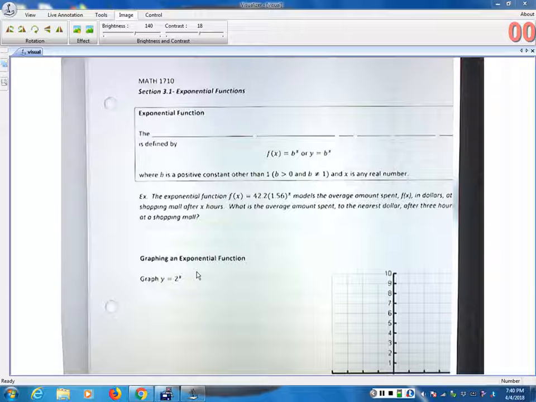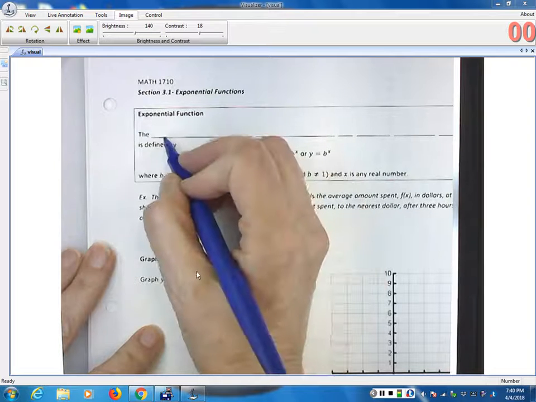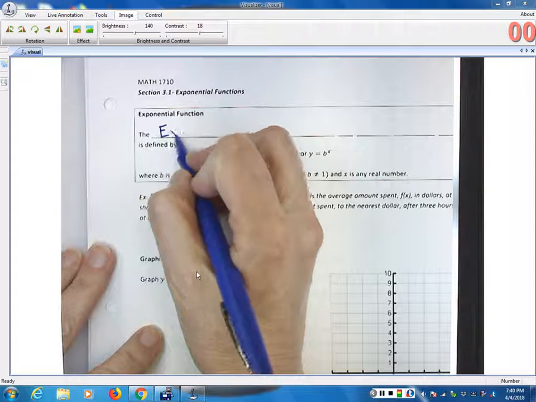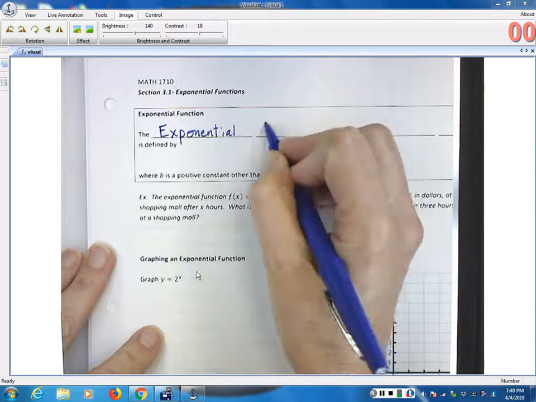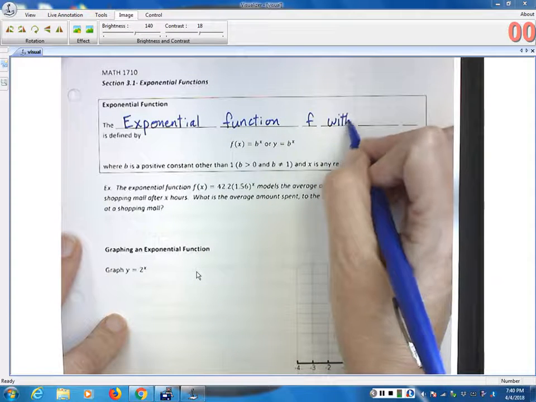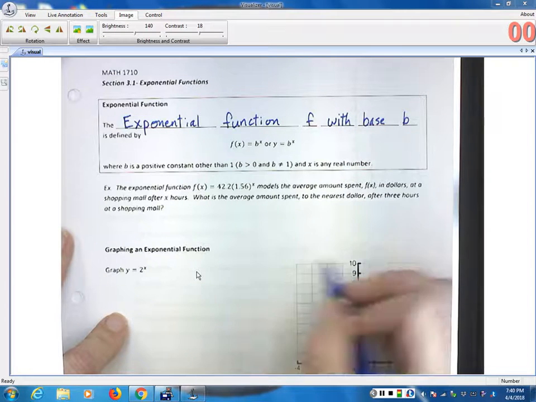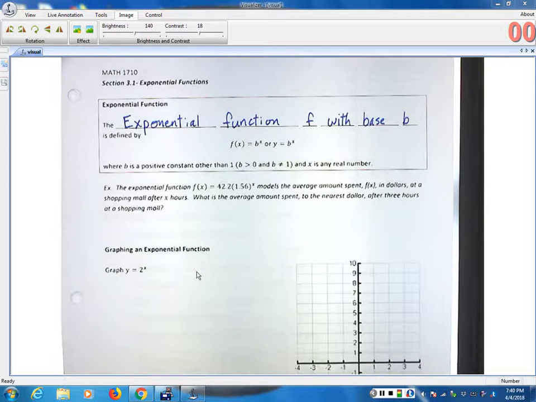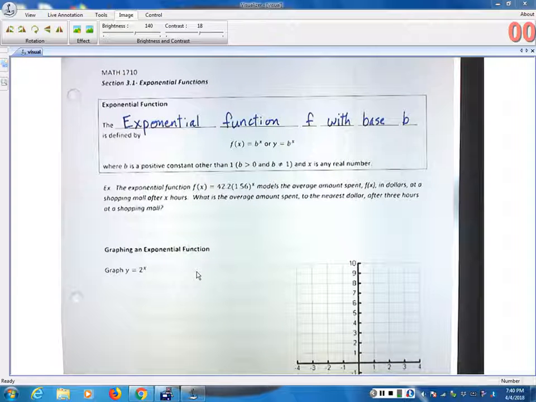So this is section 3.1, exponential functions, and this is the definition of an exponential function. An exponential function f with base b is defined by f of x equals b to the x, or y equals b to the x.